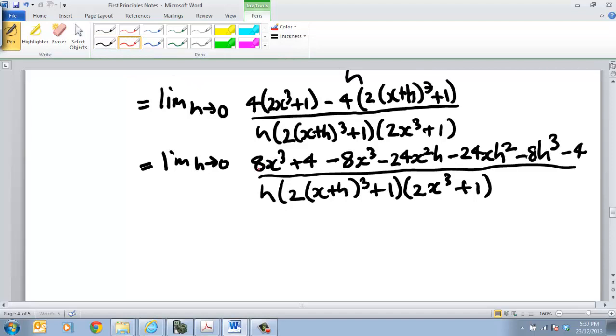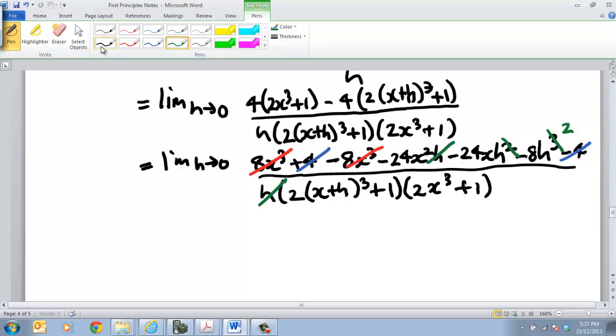Alright, so let's cancel 8x cubed with minus 8x cubed, plus 4 with negative 4. Okay, every other term now has h in it. So therefore, it's okay to do this, cancel that with that, cancel that with that, cancel that with that, and leave a 2.